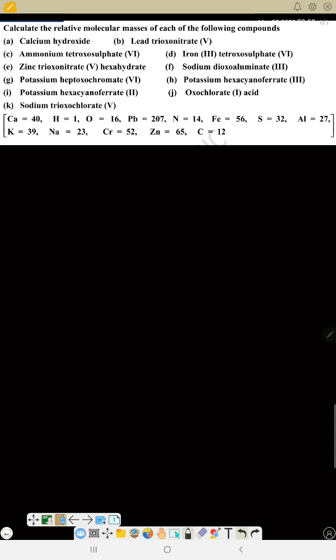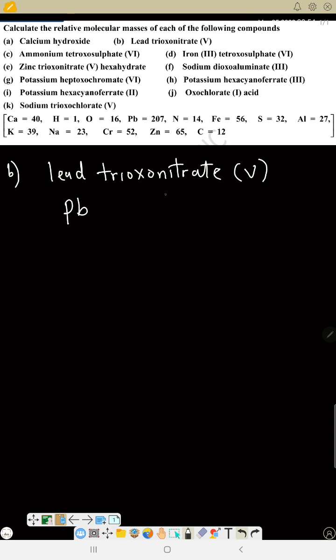So the next one is lead trioxonitrate(V). Lead is Pb, and nitrate is NO3.